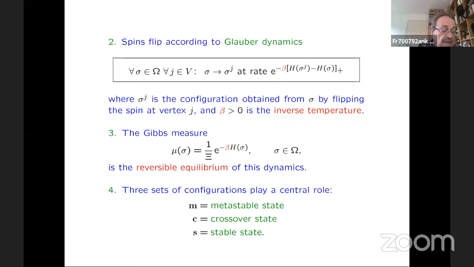And in fact, later we're even going to take this graph random. So then it means that you're essentially talking about an Ising model in a random environment, and we will come to that as we go along.